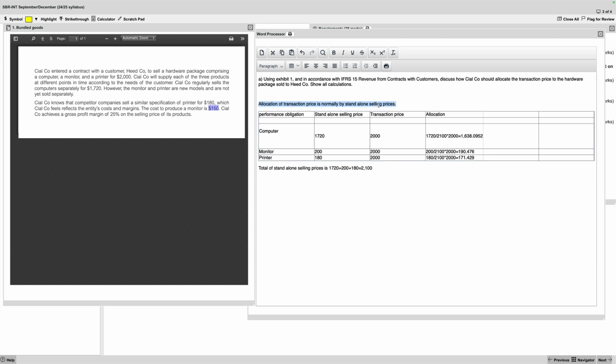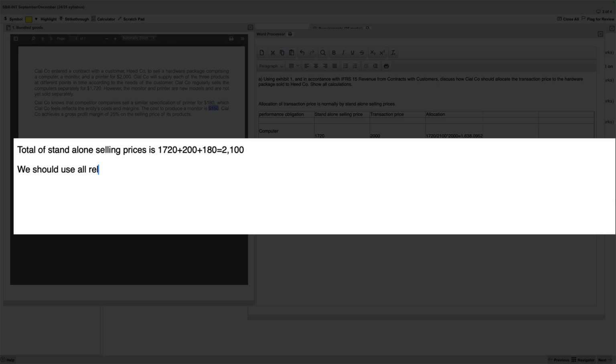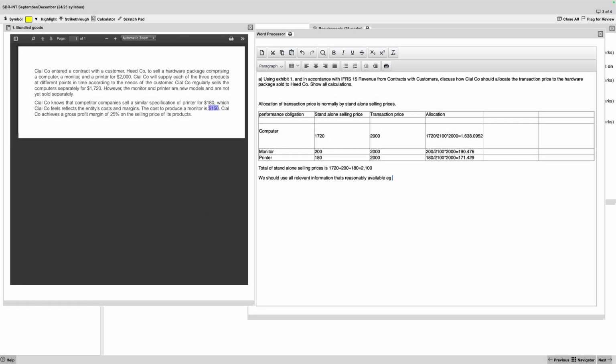Got an extra mark for the standalone selling prices. And then in my own words, I'd say something like, look, we couldn't observe the prices of the others, but we used the market. So we should use all relevant information that's reasonably available, e.g. we used the competitor price, didn't we, for the printer?